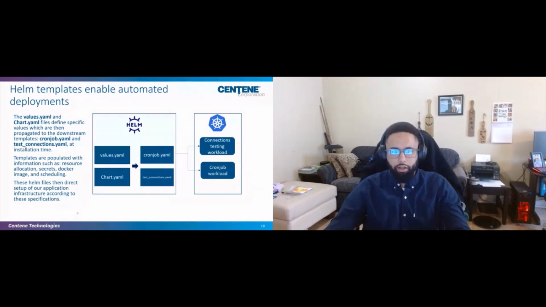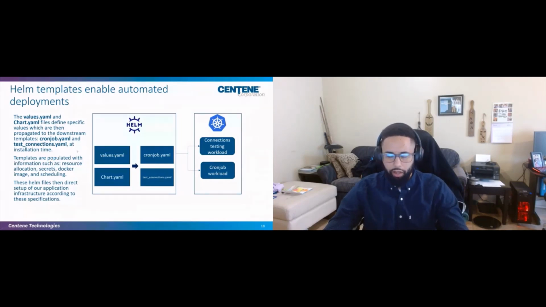So as I said, the values and chart YAML files define values, which are then propagated to our templates. Templates contain information such as resource allocation. So that could be how much RAM your application needs, how many CPUs you might need to run it.